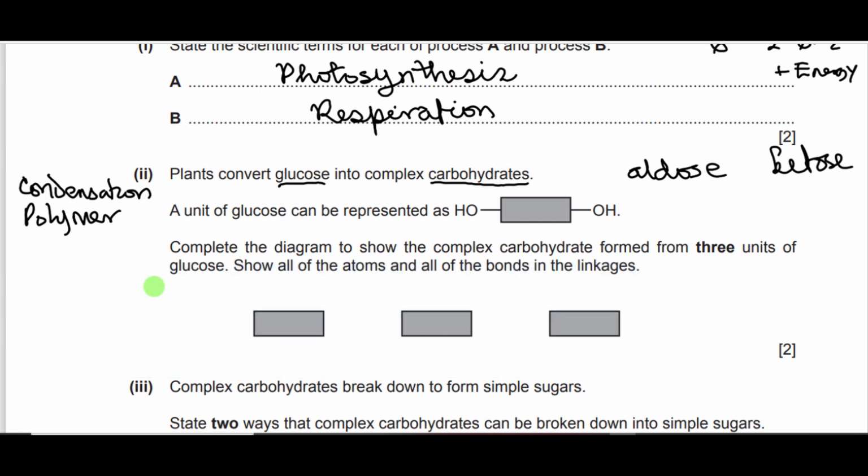That's polymerization. Then there are 2 types of polymerization: addition polymerization and condensation polymerization.